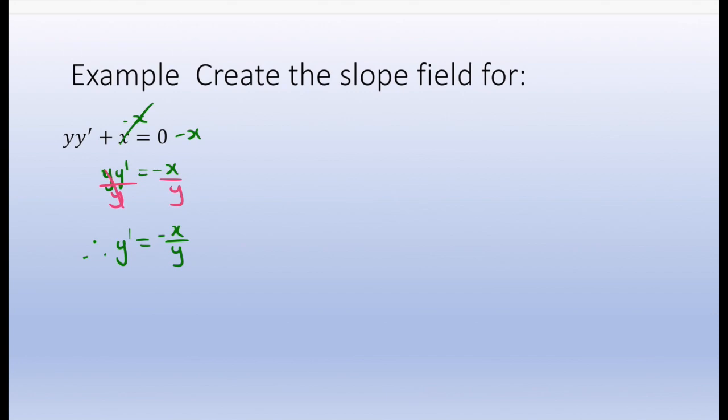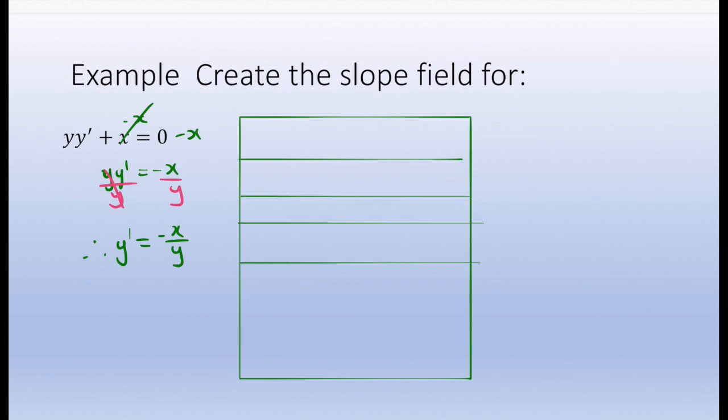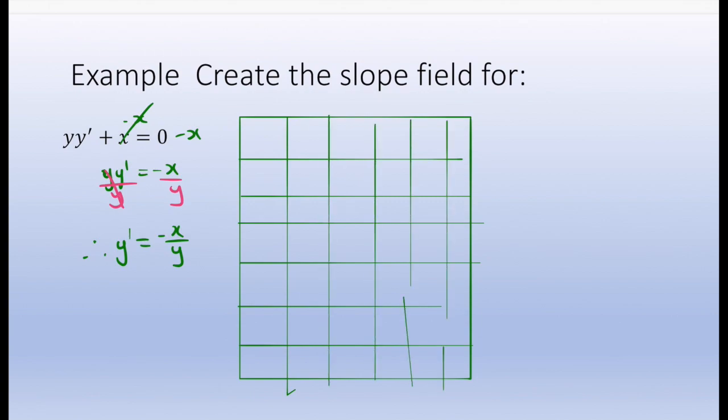So before I can draw something, I need to do some sort of table of values. And this is what it will look like. I'm not going to put heaps of values in. That should be plenty. So these you'll see often, and you've got to split it up in here.